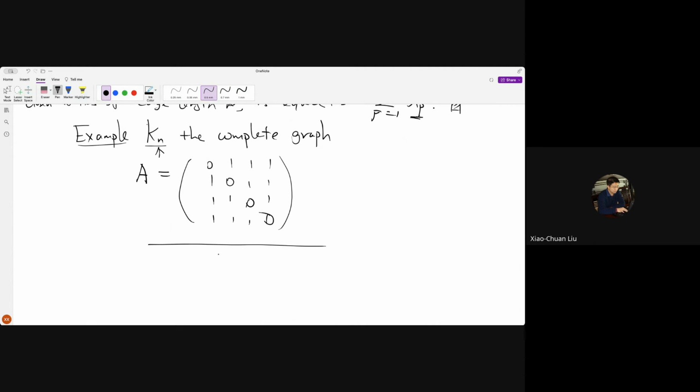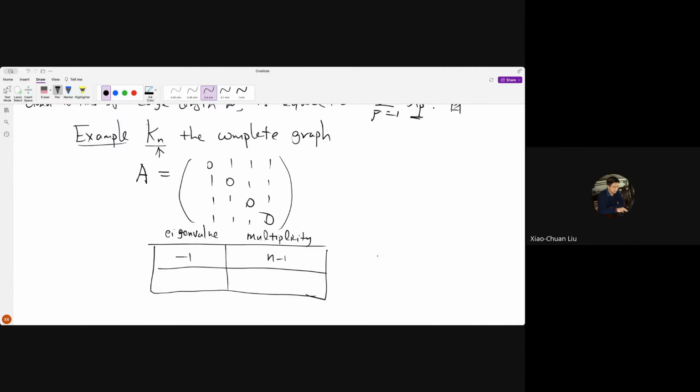You can check that it has 2 eigenvalues. One eigenvalue is -1, with multiplicity n-1.